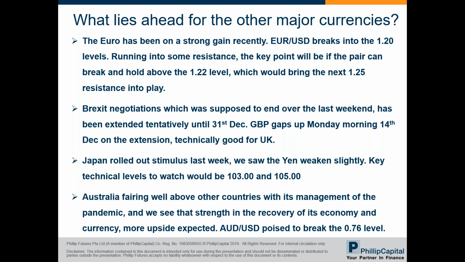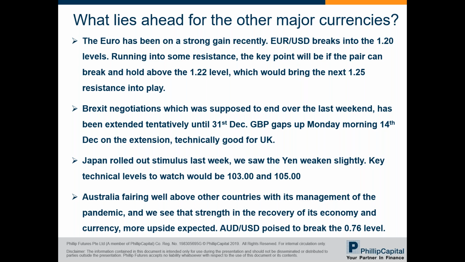Investors took it as a good sign for the pound, and we saw that reaction. It's been pretty choppy recently, so in the next 2 weeks, as we get nearer to the tentative deadline, we can see some pretty choppy price movements within the GBP, probably from the 1.30 levels to maybe even 1.4.